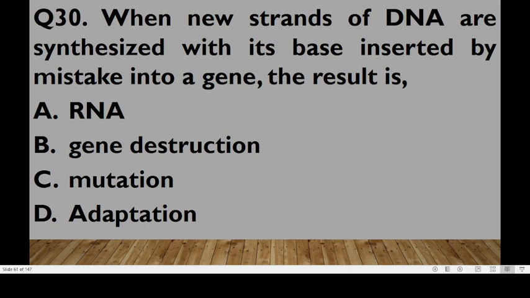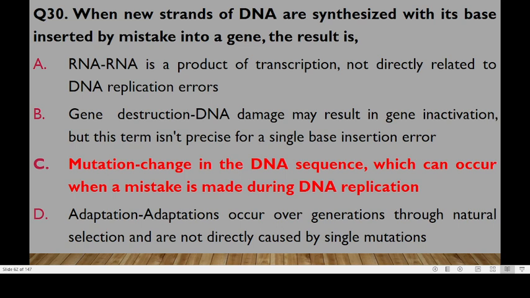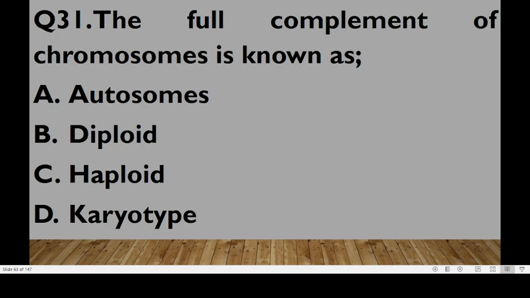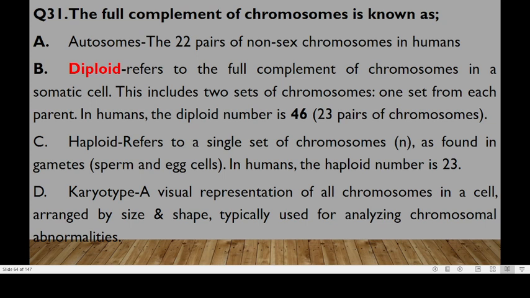When new strands of DNA are synthesized with bases inserted by mistake into a gene, this is likely to result in a change in the DNA sequence, which can occur when a mistake is made during DNA replication, and that is a mutation. The full complement of chromosomes is known as the diploid.